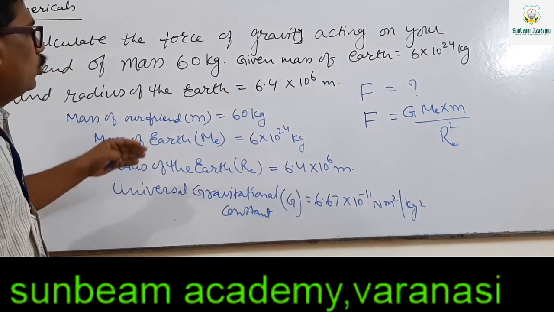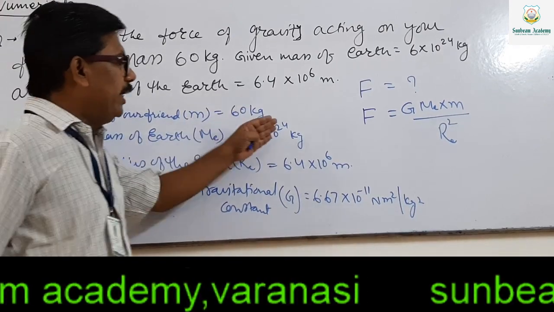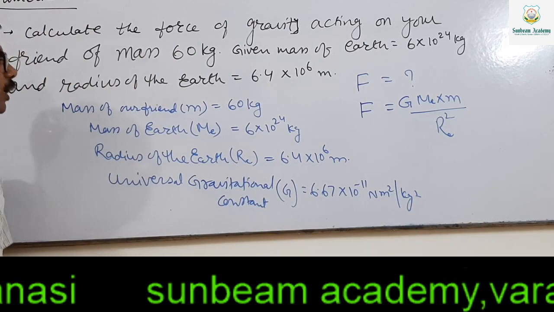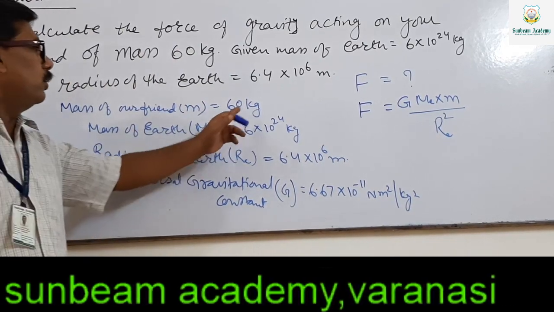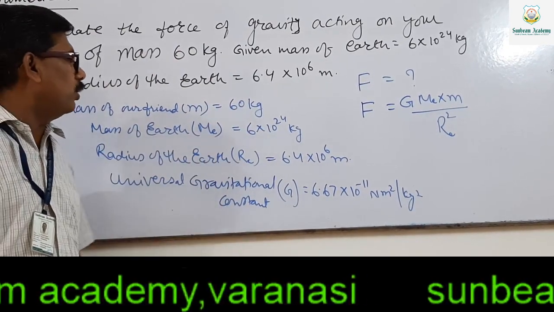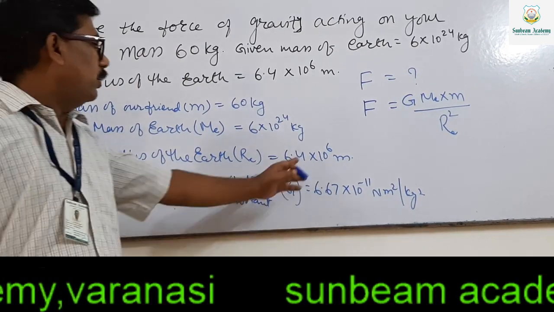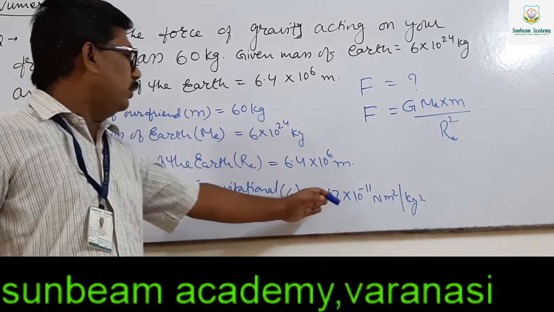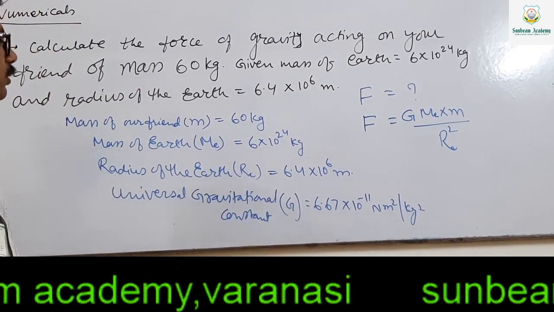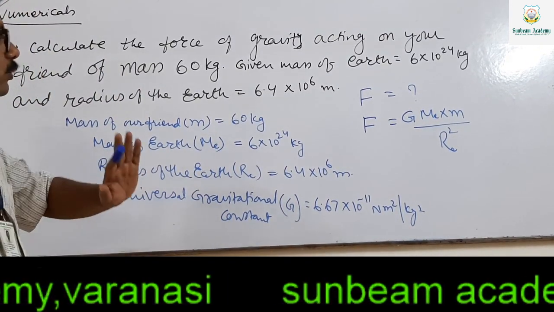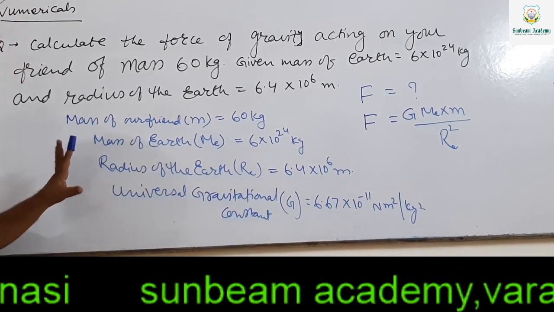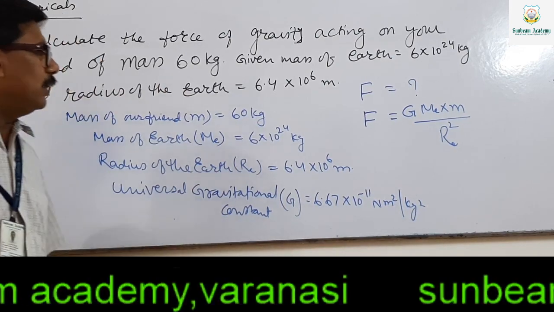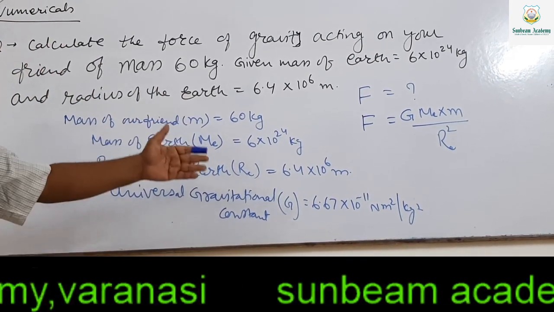You have to first check whether all the units in the given data are SI units or not. Mass is in kg, the mass of the object is given in kg, radius or distance is given in meter, that is also SI unit, and universal gravitational constant is also given in the SI unit. Now, you don't have to change any unit. All the units of the given data are in SI unit.